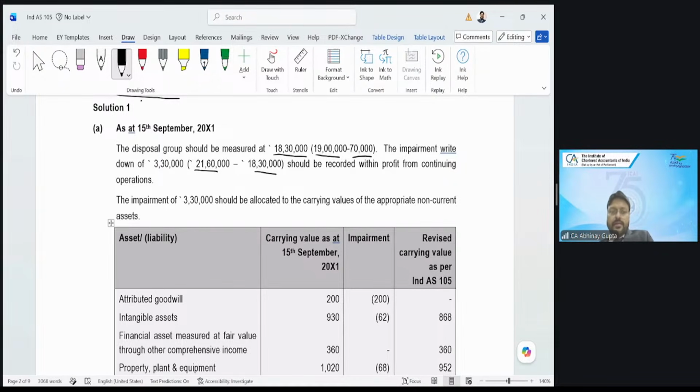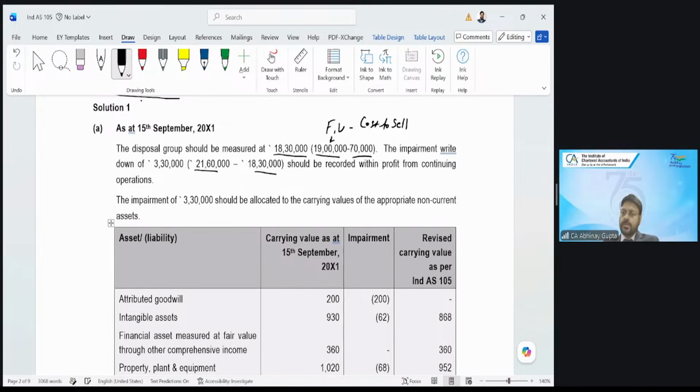Now, why this measurement? Because the standard says it needs to be measured at the lower of the carrying amount and the fair value less cost to sell. So fair value less cost to sell is given in the question. So this is the fair value and this is the cost to sell. 1,900,000 minus 70,000, so 1830 would be the fair value less cost to sell.